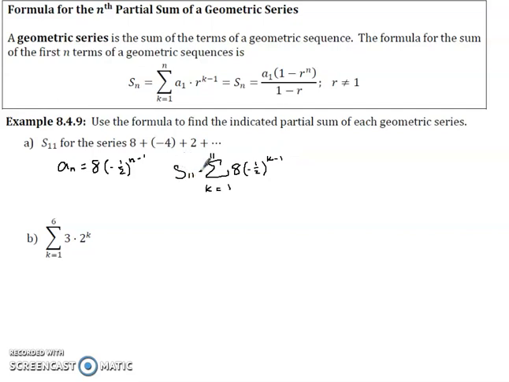So the sum of those first 11 terms, we can use our formula to find. a1 is 8 times 1 minus my r, which is negative 1/2, to the power of n, which is 11, all over 1 minus my r, which is negative 1/2.